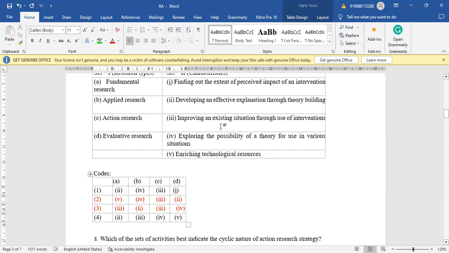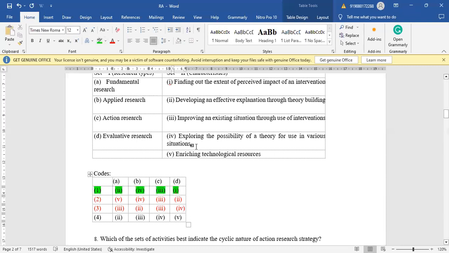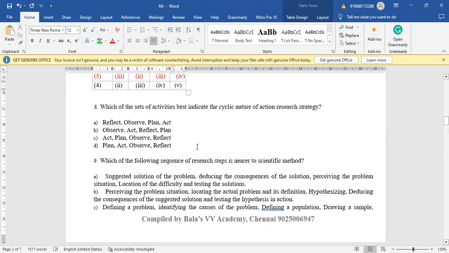Applied research: exploring the possibility of theory for use in various situations. Action research: improving an existing situation through the use of interventions. Evaluative research: finding out the extent of perceived impact of an intervention. Is it clear how to answer? Though you don't know the subject matter, if you are confident about one, then the remaining ones will automatically match.